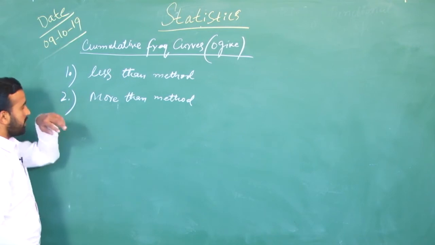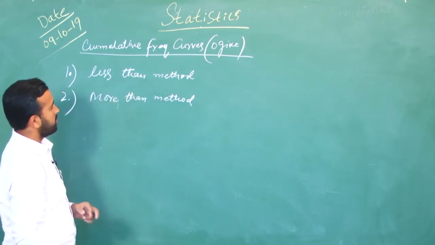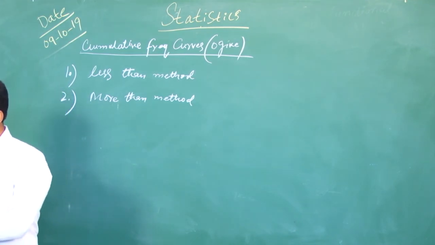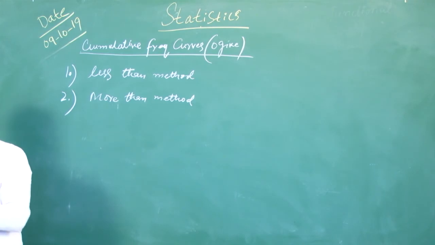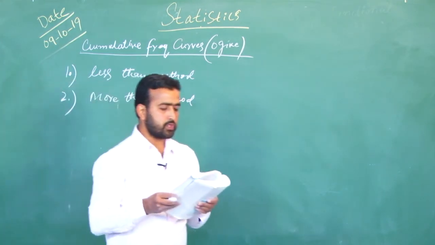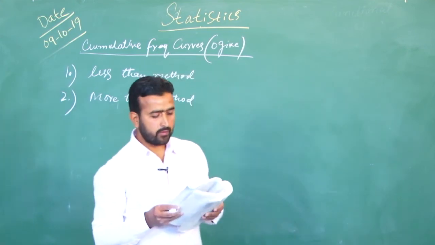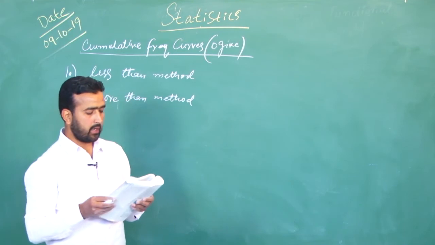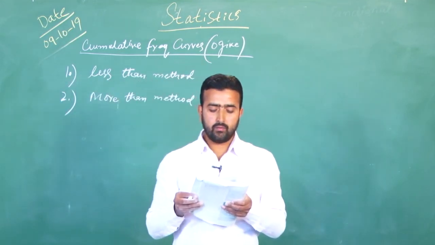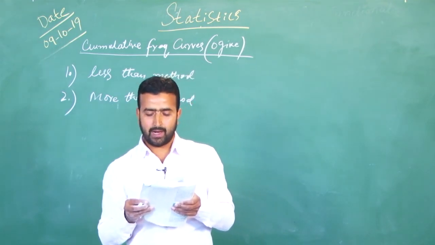Now let us take one numerical example for the less than method and one for the more than method to understand this concept. The first one is, the following distribution gives the daily income of 50 workers of a factory. The question is: convert the distribution above to a less than type cumulative frequency distribution and draw its ogive.